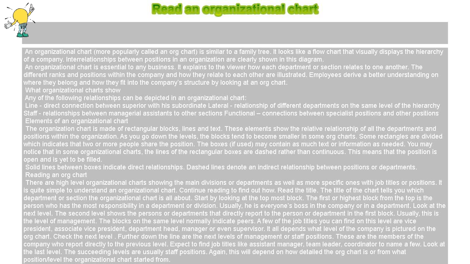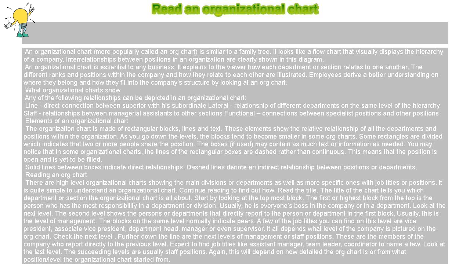Check the next level. Further down the line are the next levels of management or staff positions. These are the members of the company who report directly to the previous level. Expect to find job titles like assistant manager, team leader, coordinator, to name a few.